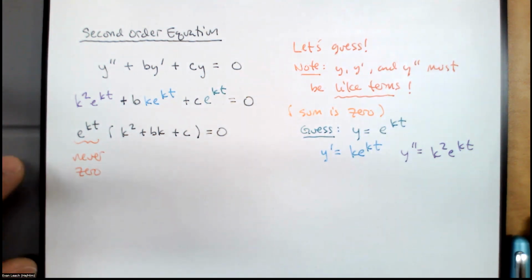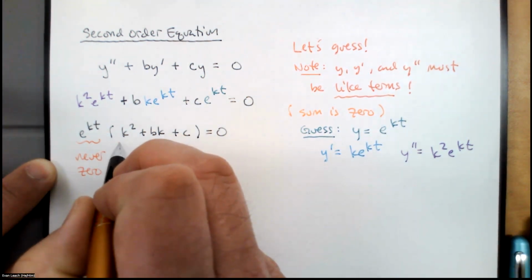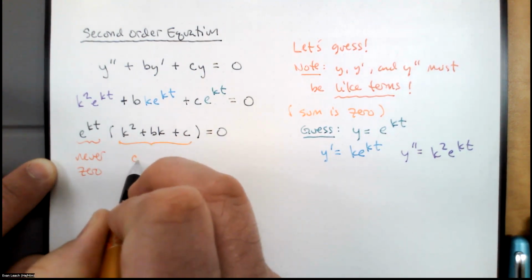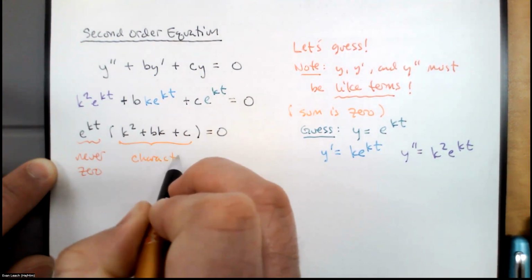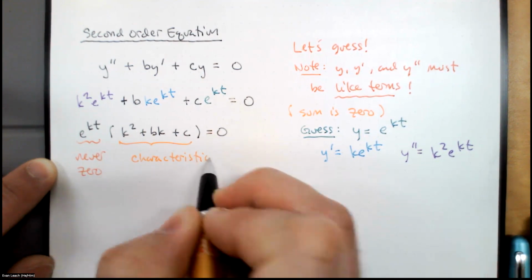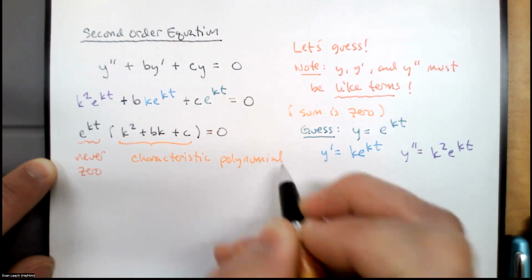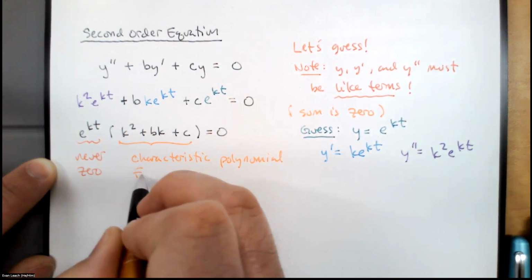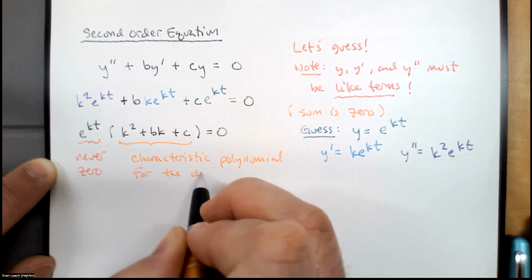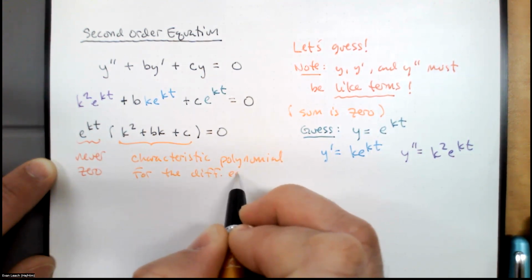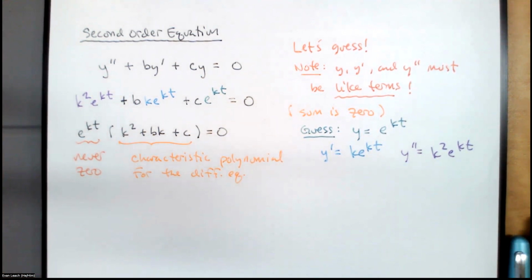This is the characteristic polynomial for this differential equation. The zeros of the characteristic polynomial will tell us the values of k so that e to the kt is a solution.